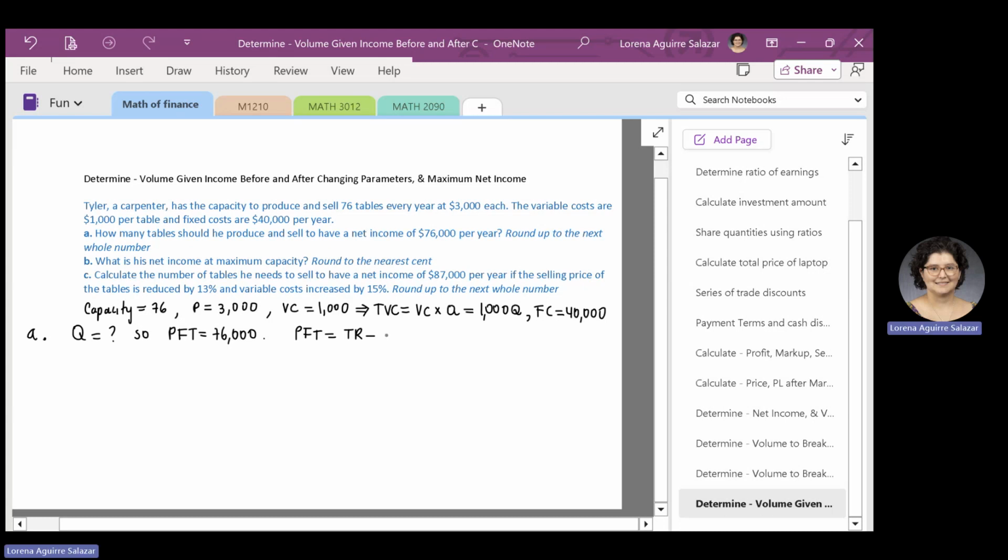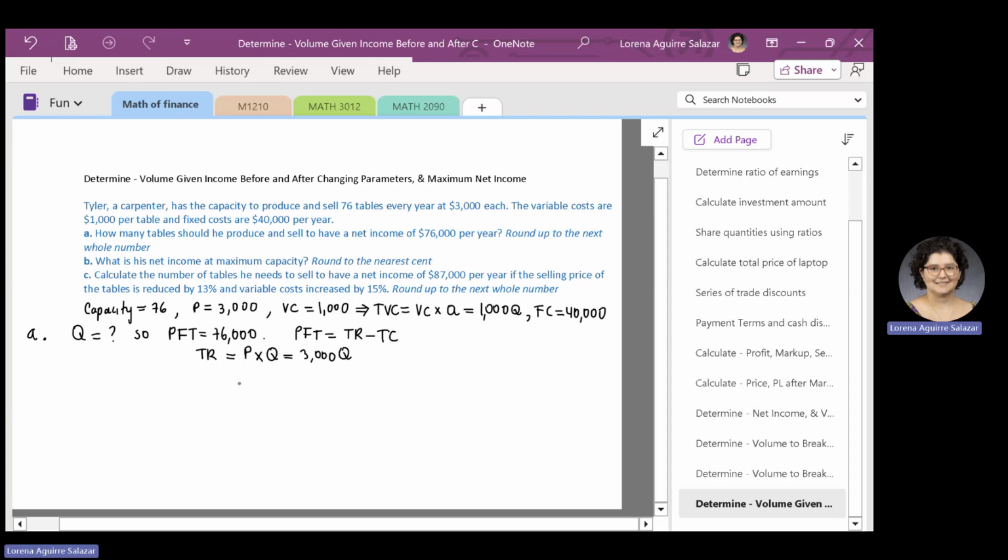The total revenue of a business is computed by multiplying the selling price per unit at which items are sold, the P, by the number of units sold, as shown in this formula, P times Q. So we have P, that is 3,000, multiplied by Q. That's what TR is, total revenue.